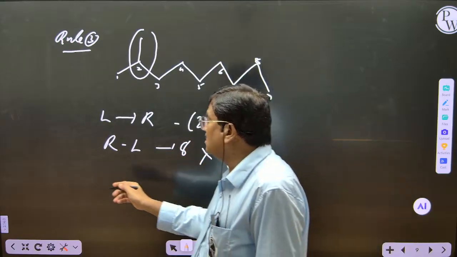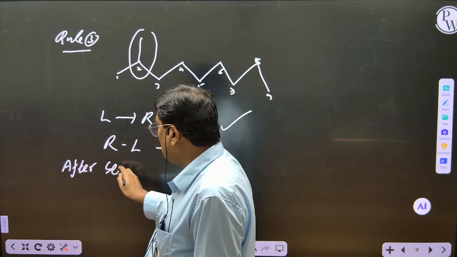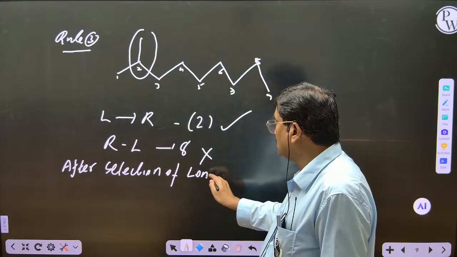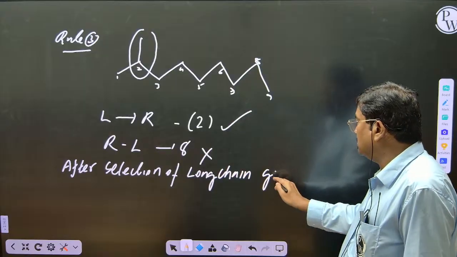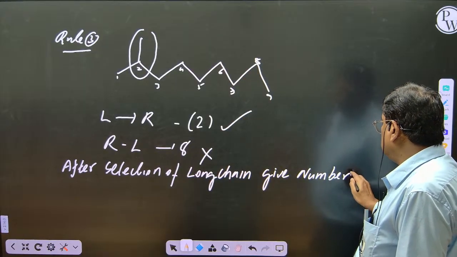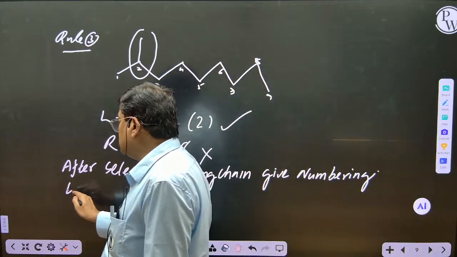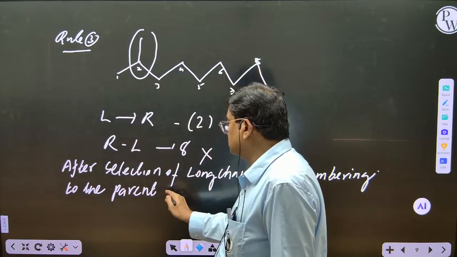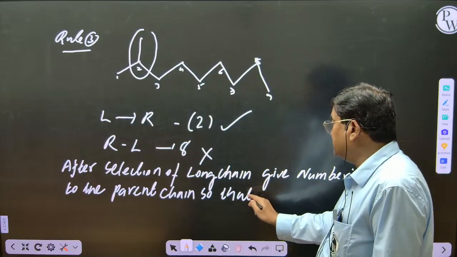So write that rule. After selection of the long chain, give numbering to the parent chain, so that the first locant should get the least number.